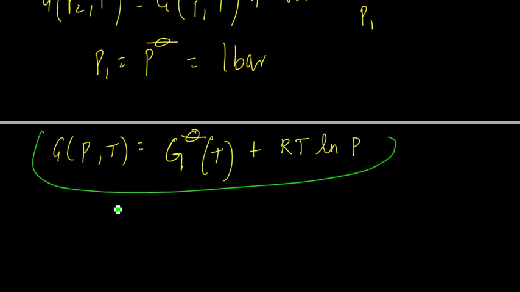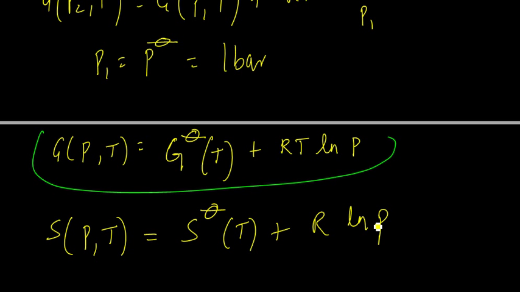If I do that here, then S at whatever pressure and temperature would be equal to the standard entropy, that is the entropy at 1 bar, minus R log P. Sorry, it's a minus sign: minus of dG by dT, so there's a minus sign here.